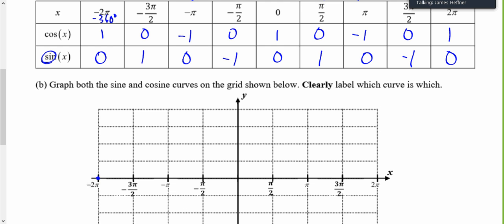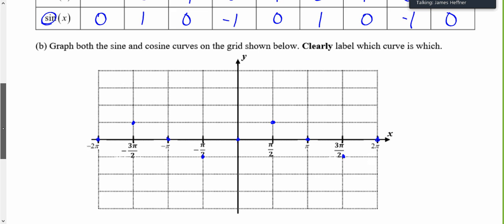You guys can plot these, right? At negative 3 pi over 2, we're at 1, right? And then back to 0. And then at negative pi over 2, we're at negative 1, right? 0, there, there, there, and there. And let's sketch in a nice smooth curve here, right?